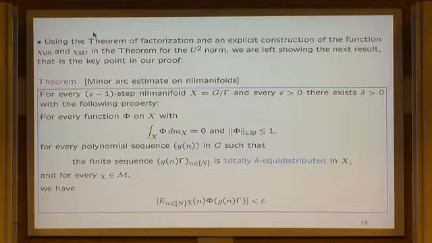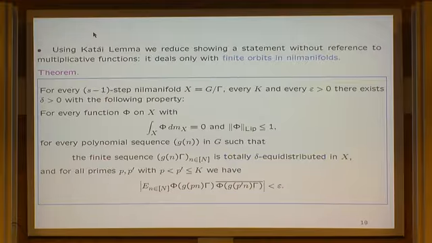So at this point, we use Katai's lemma, and we arrive backwards to this problem. We have to prove this theorem, and the important remark is that there is no multiplicative function here. We completely killed the multiplicative function.